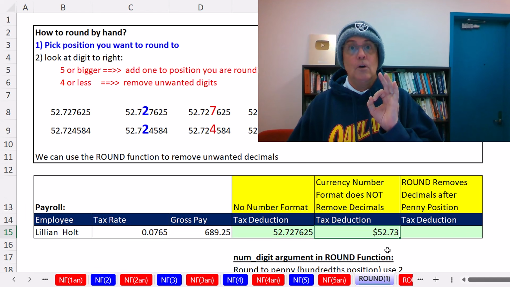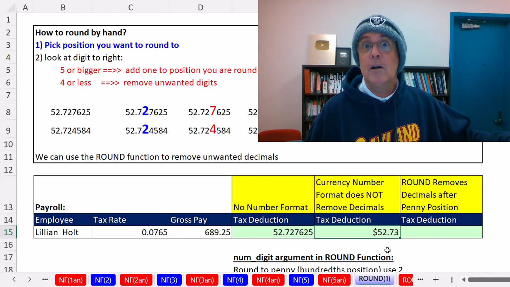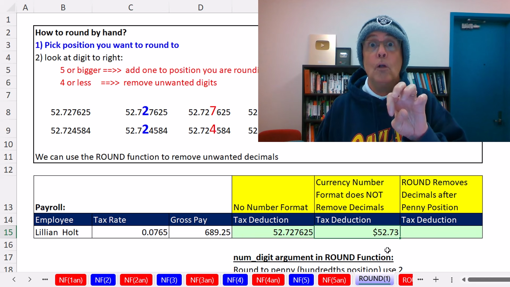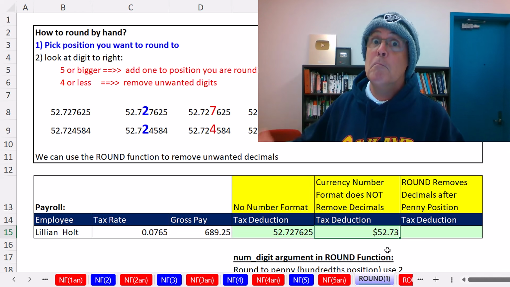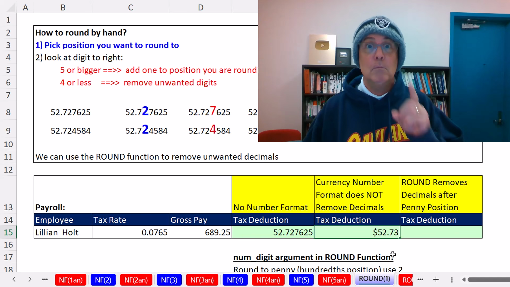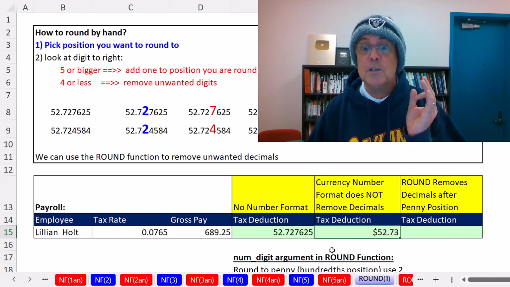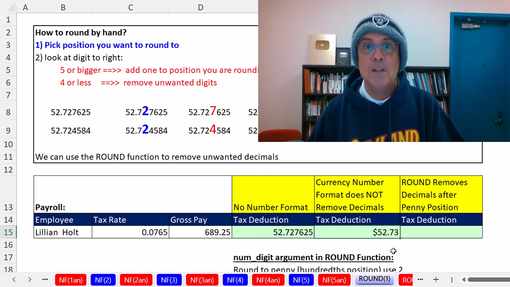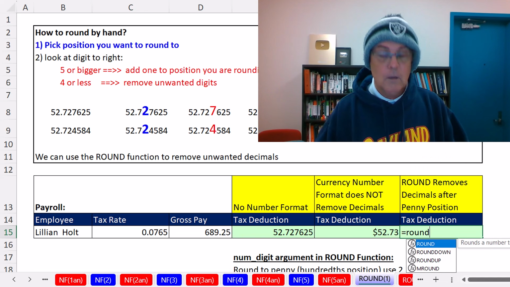And those unrounded decimals, all those messy decimals are still there. If we leave them there and then use this in some other formula, all those messy decimals are used and oftentimes messes up the calculation. But if we're never going to use this in another formula, the displayed answer is correct, 52.73.